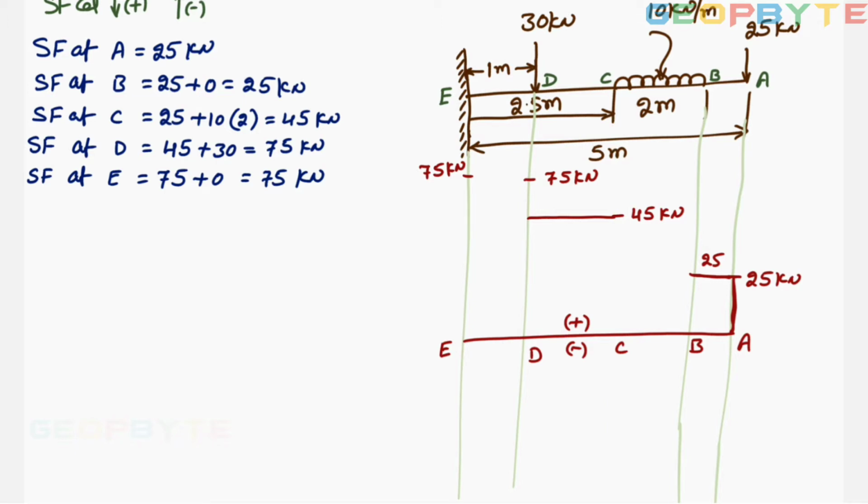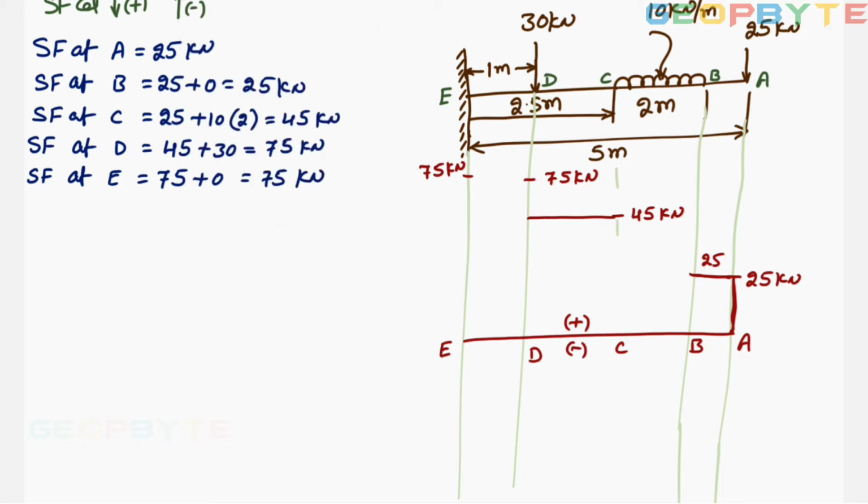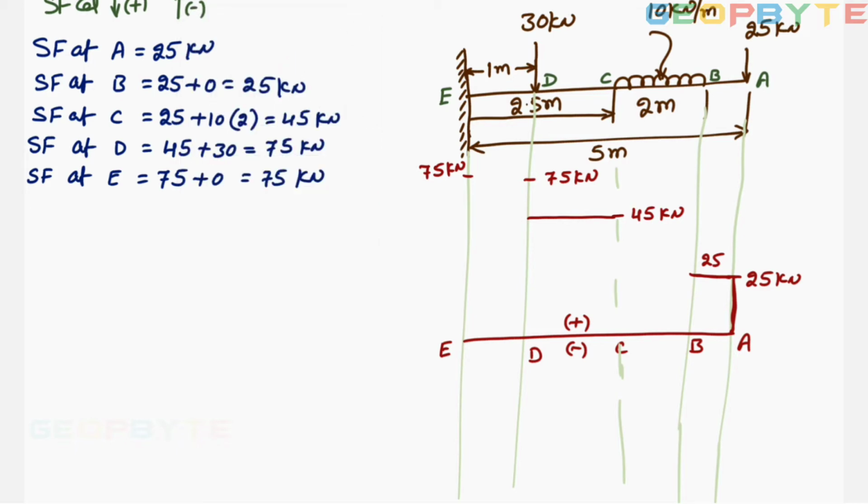In between B and C the UDL effect on the shear force diagram is a straight line variation.